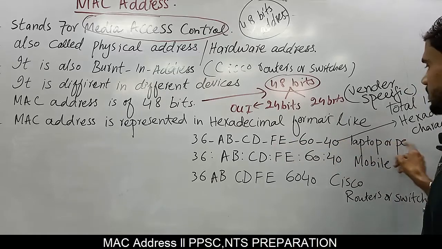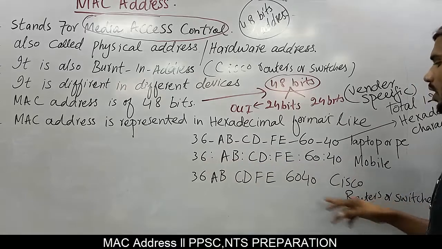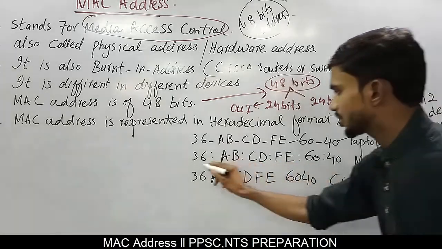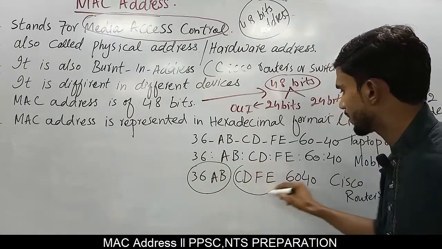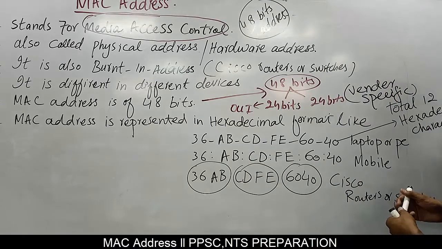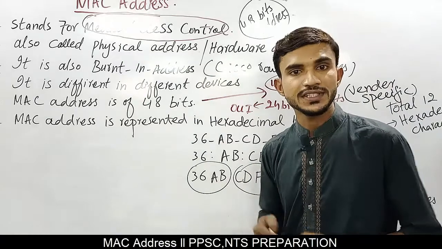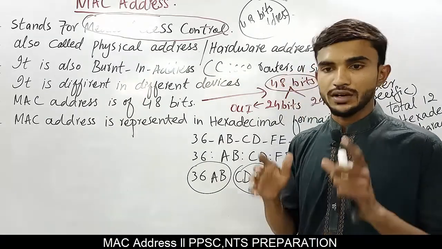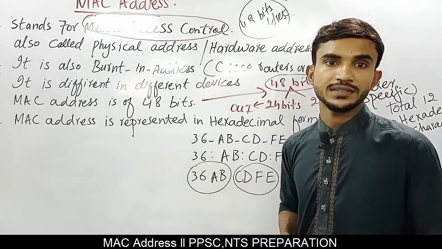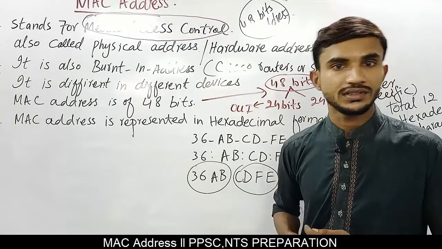Basically in laptop or PC it is written in this format, in mobile phones in this format, in Cisco routers in this format. So basically MAC address is the physical address of the network interface card, which is installed in the laptop or PC in the motherboard, in the system unit.